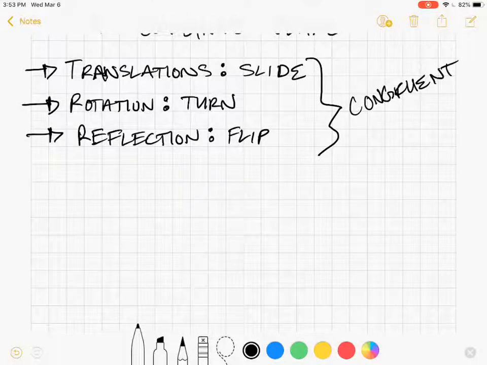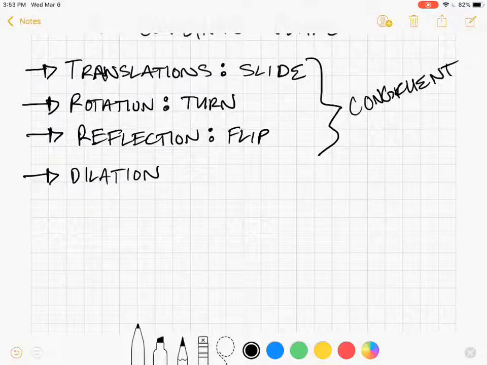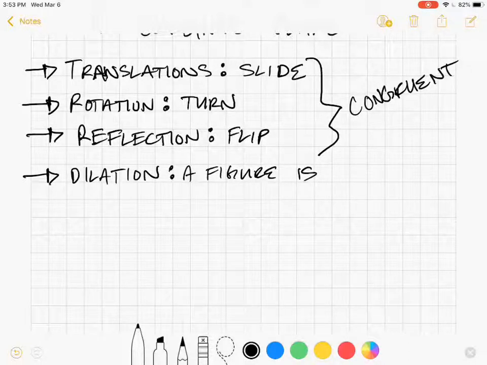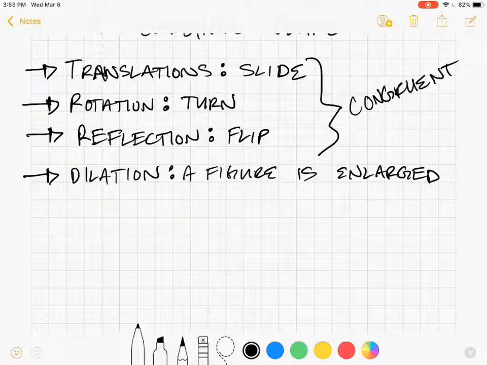There's a type of transformation, though, that does not maintain congruence, and that is a dilation. There's two types of dilation. Dilation is when a figure is enlarged, made bigger. But what if a figure is reduced?